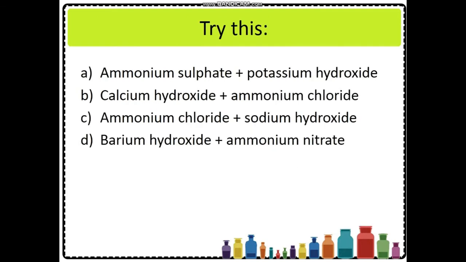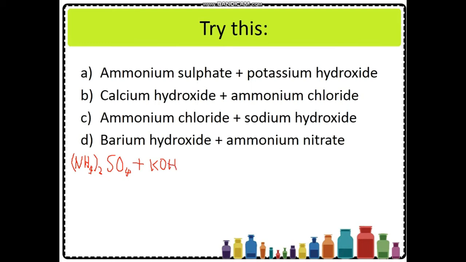Let us try equation number 1. Ammonium sulfate, the formula is NH4 bracket 2 SO4, plus potassium hydroxide, KOH.